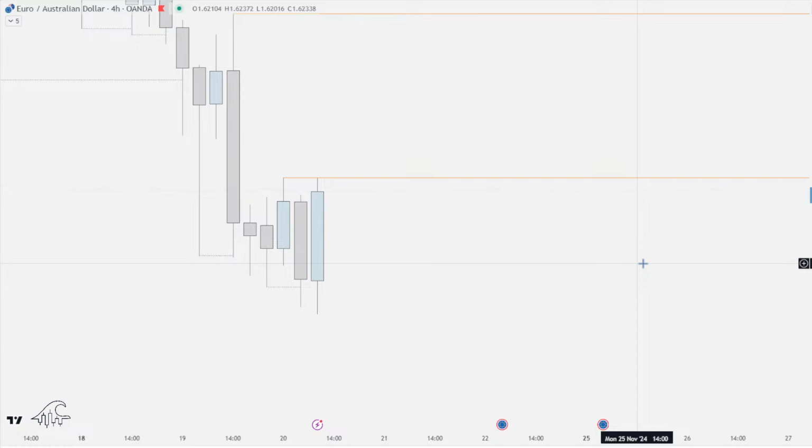Remember, this will change. It will lose its status of liquid and it will turn into a non-liquid high.